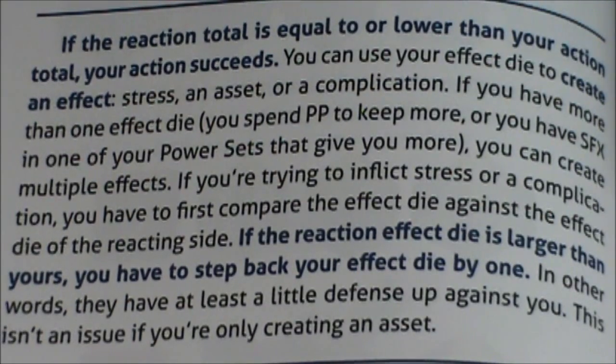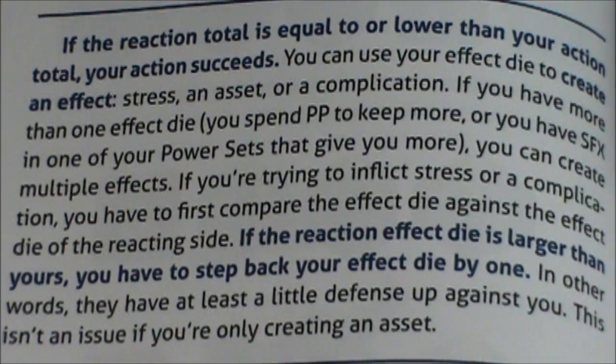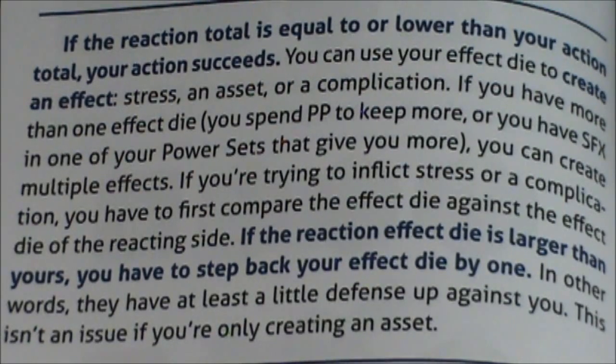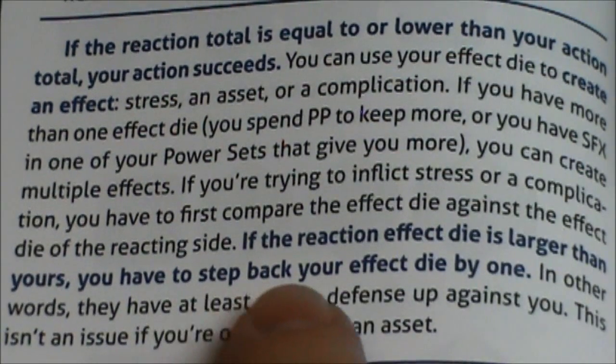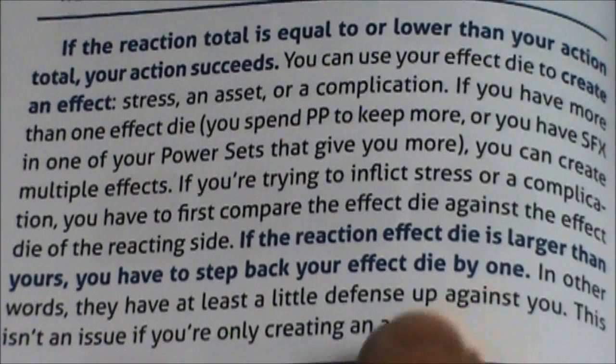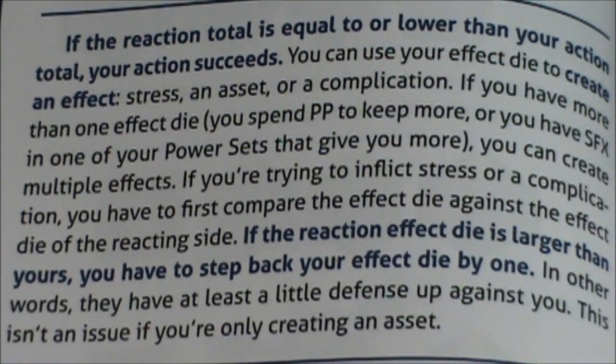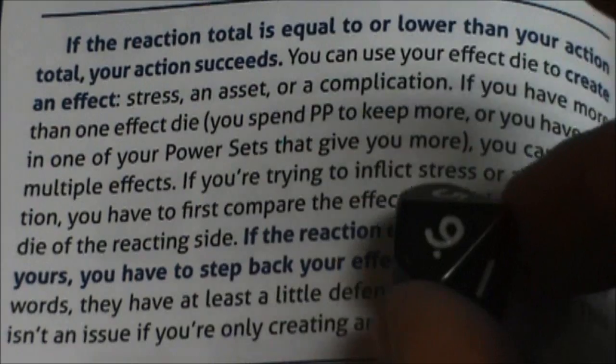However, if your effect die, the one that you put to the side for an effect, happens to be a larger die than Carnage's that he's using to attack you with, then the only benefit you get from that is that he has to step that effect die back by 1. So let's say Carnage is attacking and the effect die was a D10.